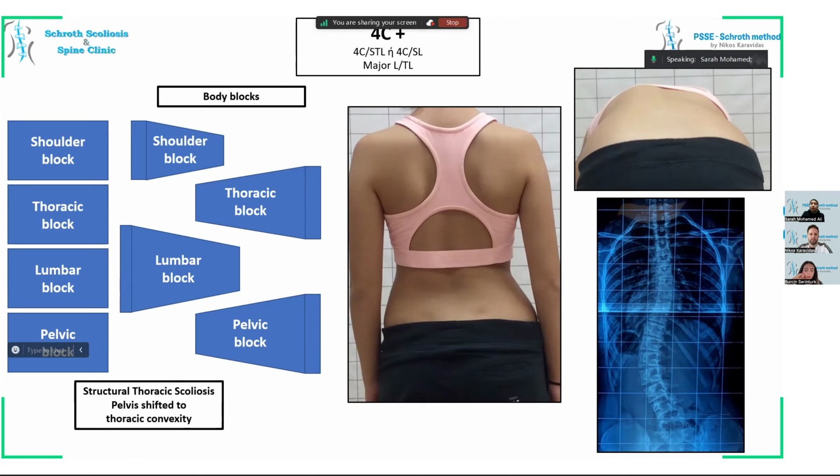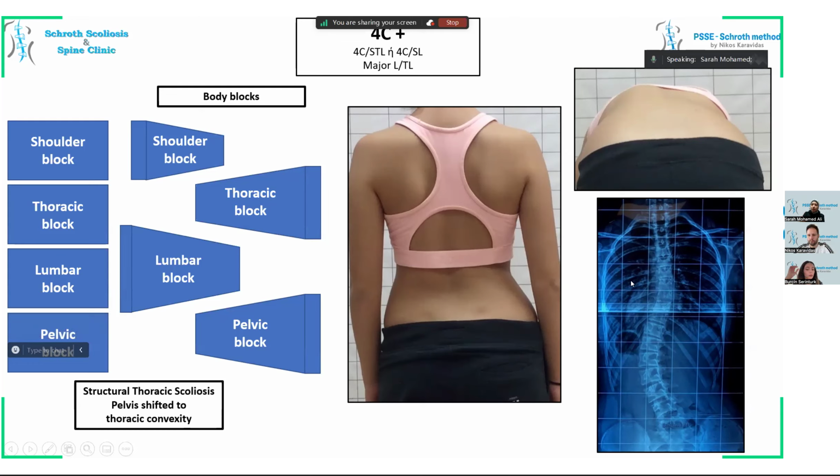Now we need to check the X-ray to know if I can do overcorrection to my main curve, which is the lumbar or thoracolumbar. Can I do overcorrection to the main curve, which is this curve? Yes or no? To answer if yes, I can do overcorrection, I need to look at the thoracic curve.